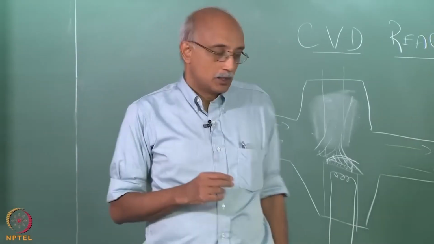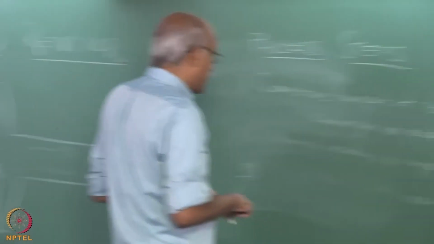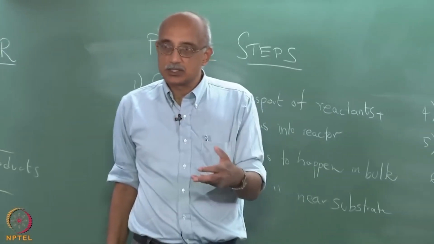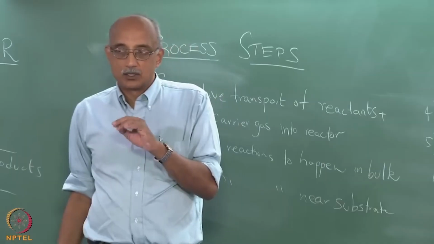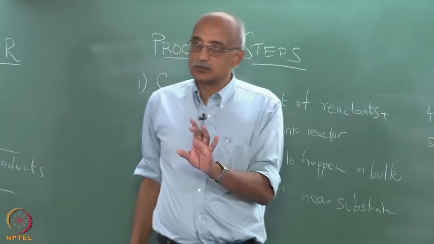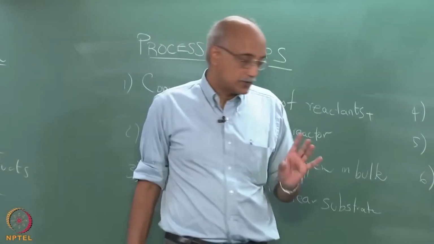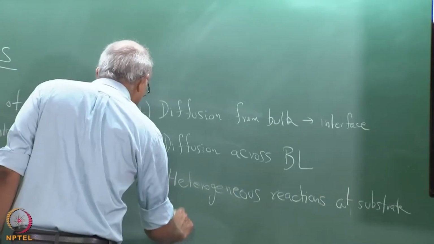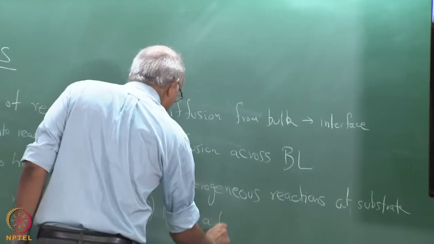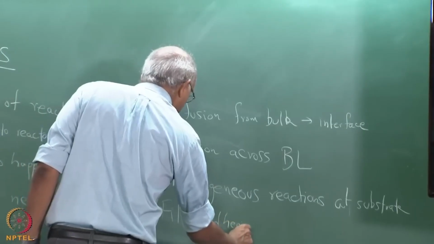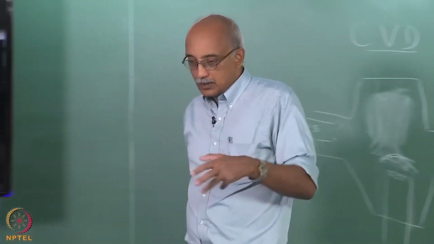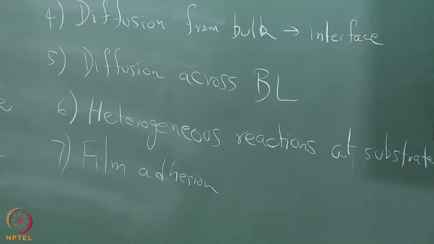And depending on how tightly you want the film to adhere to the substrate, you will design the conditions again such that the sticking of the film to the substrate happens by one of these mechanisms. In any case, film adhesion to the substrate is also a critical step, which again needs to be kept separate from the deposition of the film.